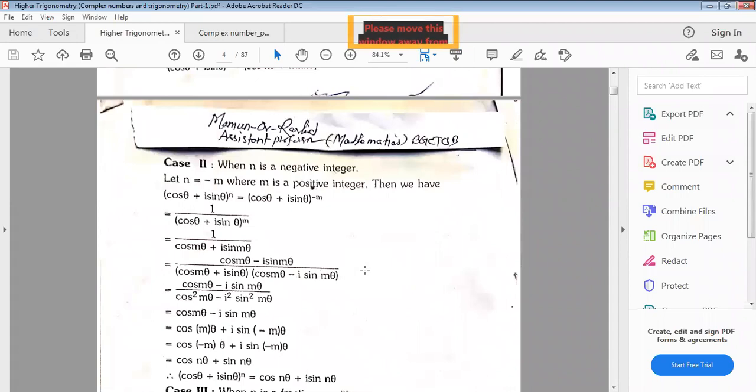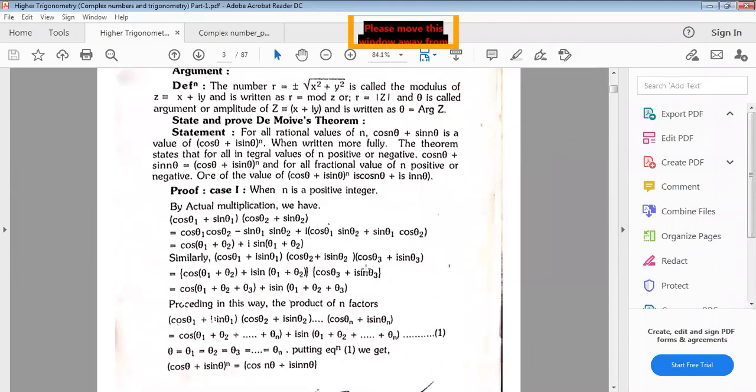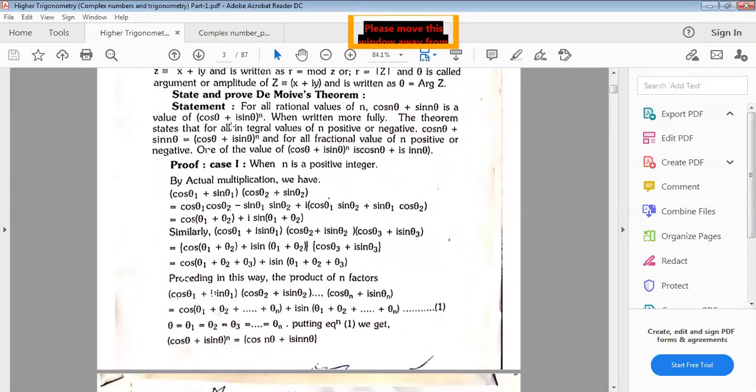Now we'll study de Moivre's theorem statement, an important theorem in trigonometry and complex numbers. The statement: for all rational values of n, cos n theta plus I sin n theta is a value of (cos theta plus I sin theta) whole to the power n. That means this equals this.